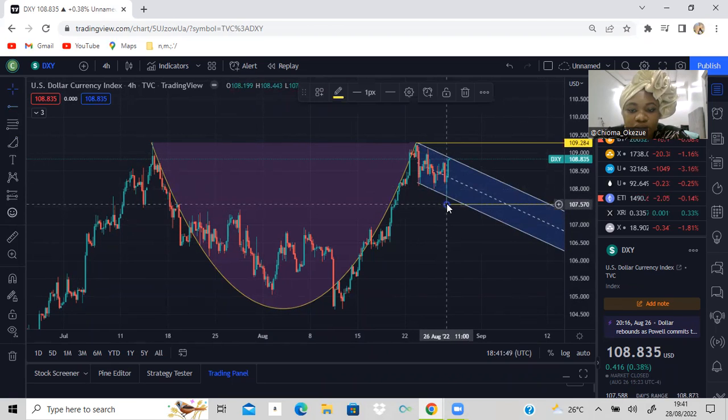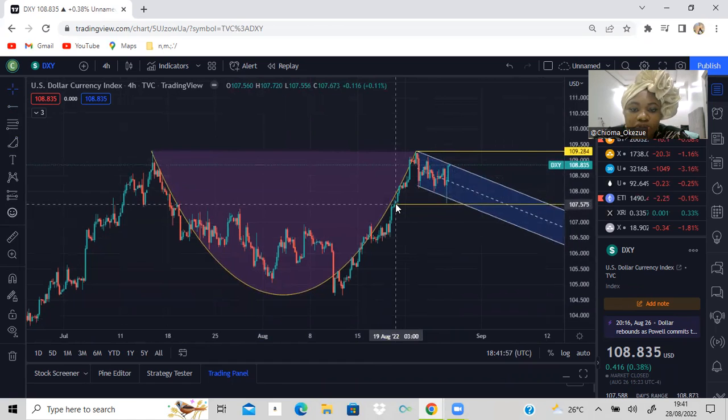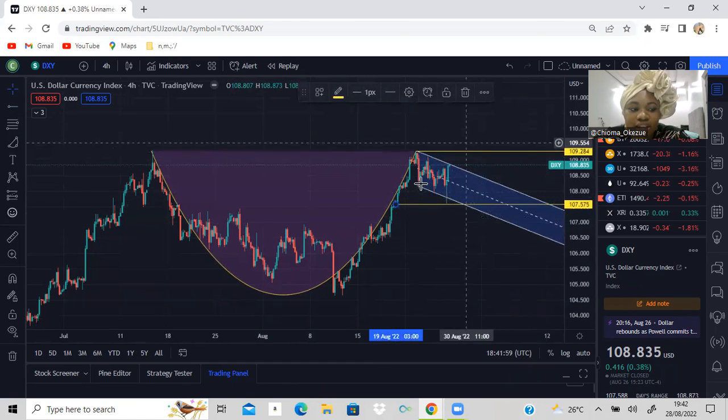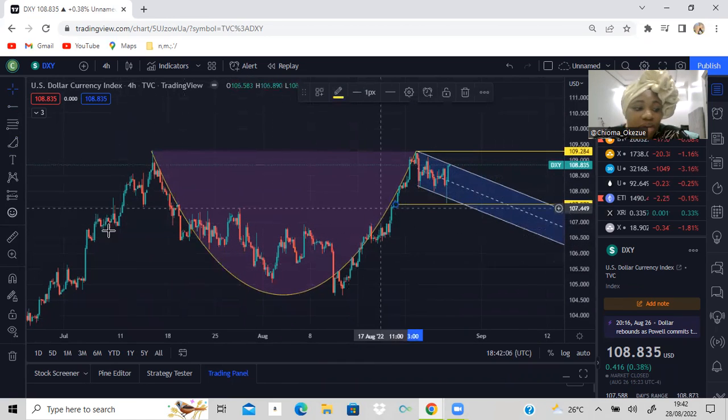So we don't ignore the wick. Now the measured move. What did I tell you about the measured move? I told you that with the measured move, to know how far this teacup pattern will take us, remember what we're waiting for is for this to happen. Then we know that the pattern is going to work.